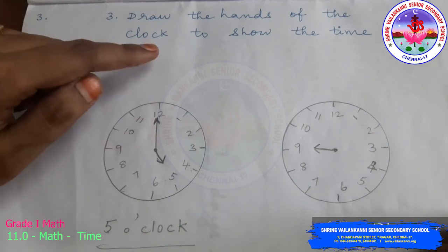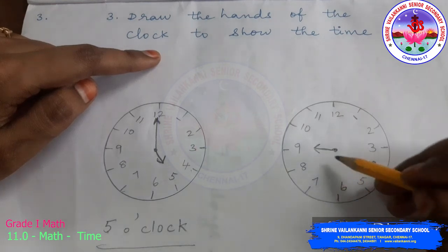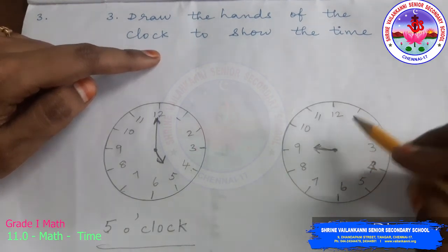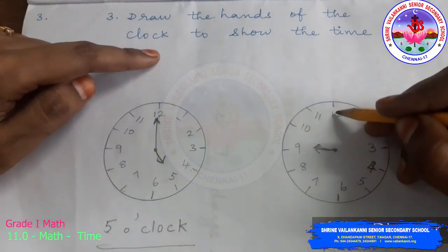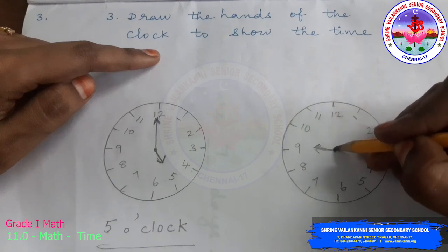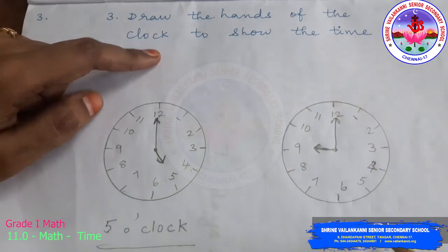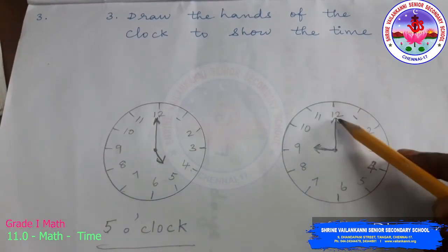So if they ask you to draw hands, you just see the number. First number, you use the short hand and draw the point at the hour. This is minutes. 00 means the minute hand will point at 12. Okay. So I draw the minute hand, which is the long hand.